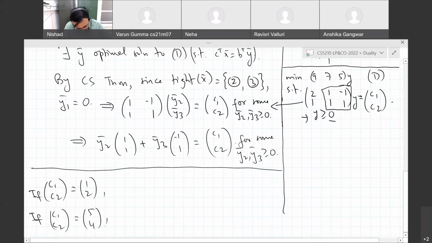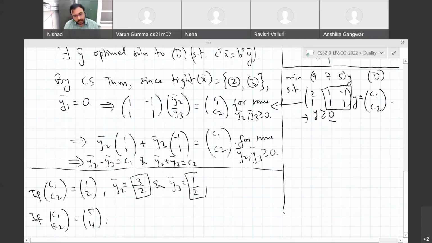Basically you have two equations here, right? y2 bar minus y3 bar is equal to C1 and y2 bar plus y3 bar is equal to C2. If you consider C1, C2 as being the vector 1, 2, and you solve this system, you will get that y2 bar is equal to 3 over 2, and y3 bar is equal to 1 over 2. In particular, these are non-negative. And this implies that your point x bar will actually be an optimal solution.